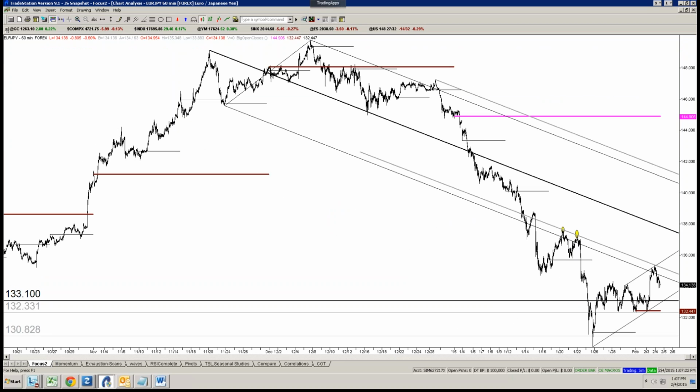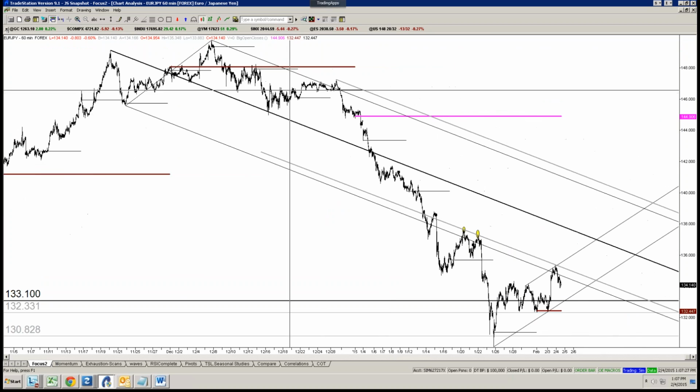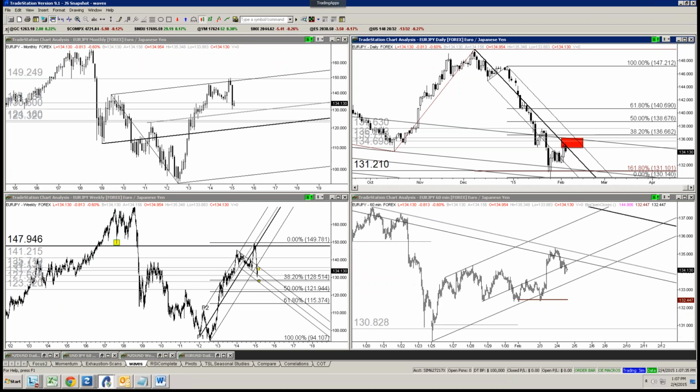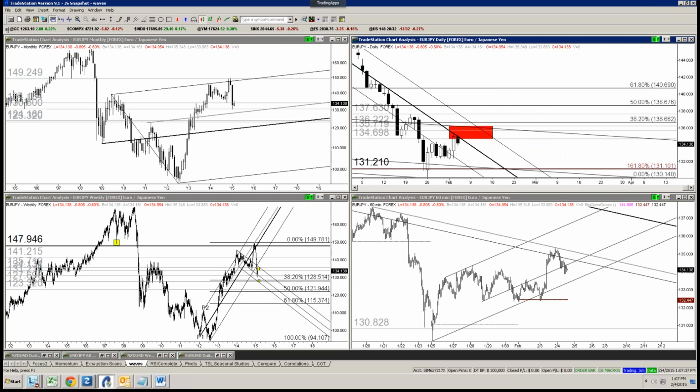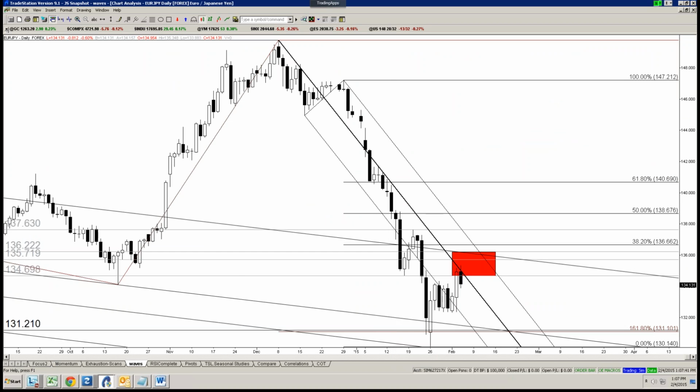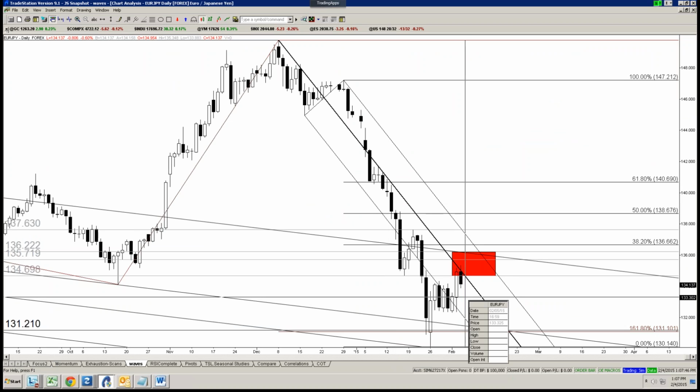Dangerous always to predict something like that, but given the extent of the decline in the euro-yen and what euro-yen looked like at the low, if I go to a daily chart now, there's a reversal here, and a trend line intersects it tonight, that gives us support for potentially another move up.